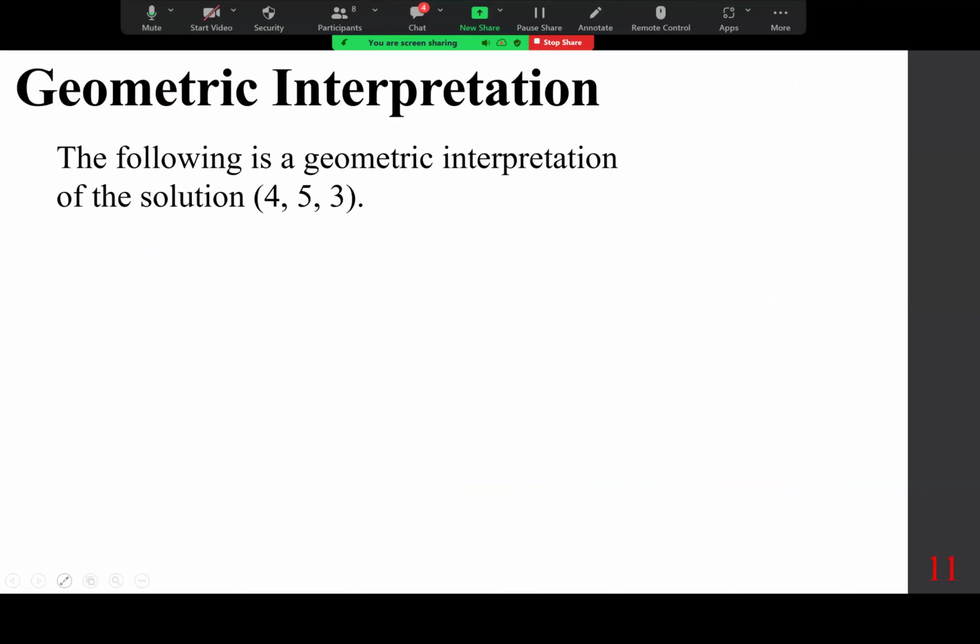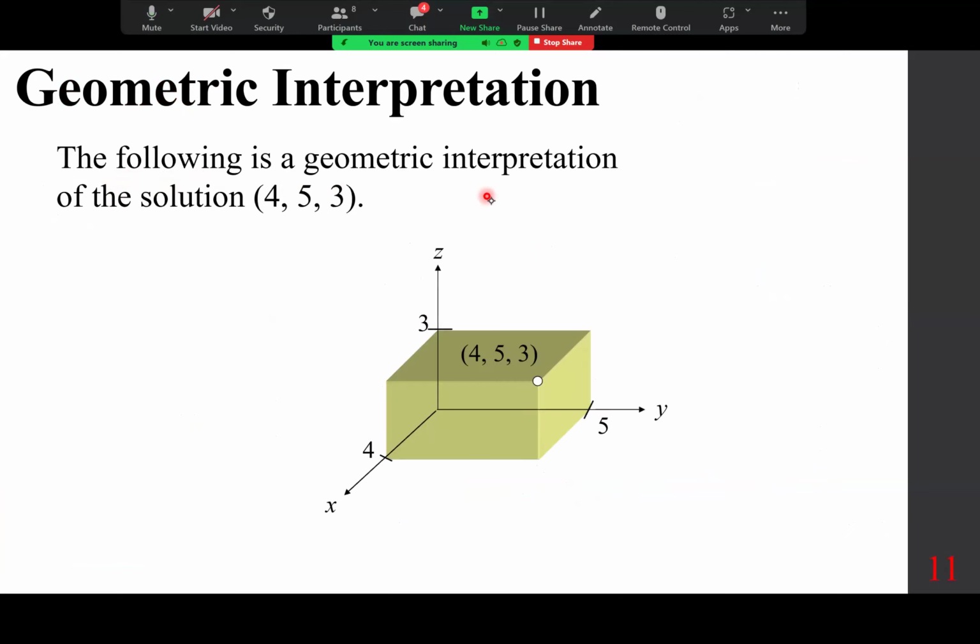Geometric interpretation. The following is a geometric interpretation of the solution 4, 5, 3. So we have x, y, z. This is the positive side of x.